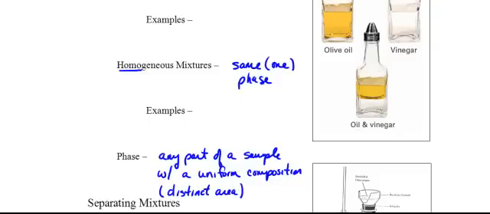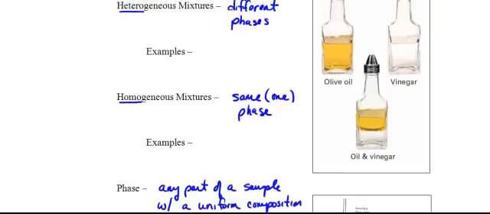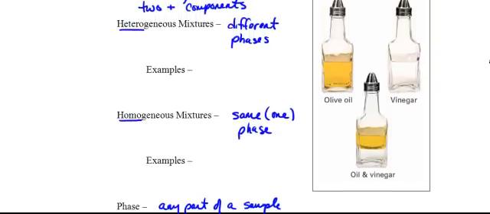Okay, so knowing that, let's look at these pictures to the right, and then we'll give you some examples. Olive oil is a mixture. It's a mixture of a bunch of different types of oils. But when you look at olive oil all around in here, you can only see one phase. It looks like one entity. The same thing with vinegar. Vinegar is a blend of water and what's called acetic acid.